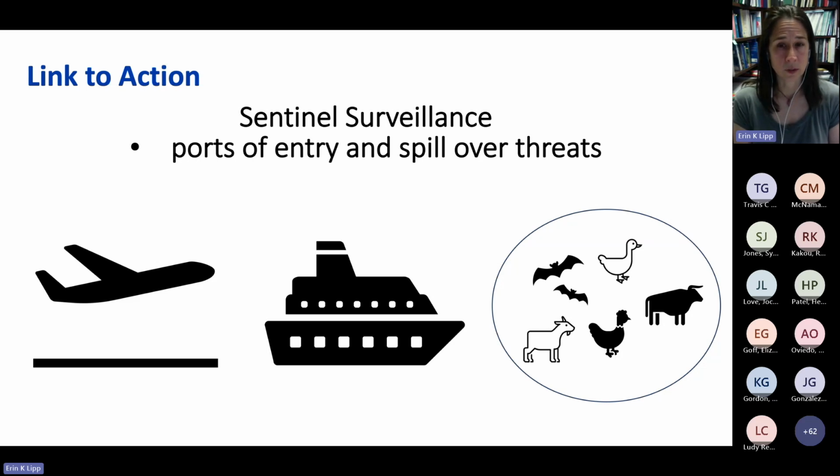The idea is to turn those over quickly and have an idea of what's coming into a country. You could also do that on cruise ships. Anywhere you've got potential entry that you want to be able to monitor without having to monitor all of the people coming in.